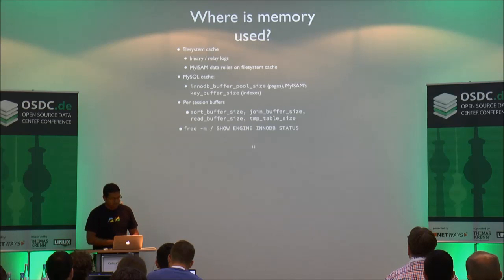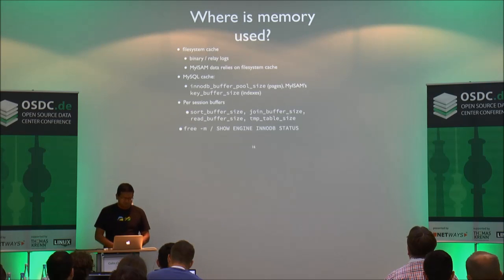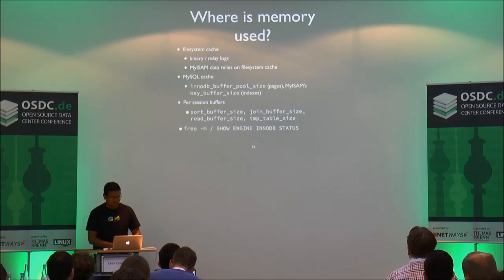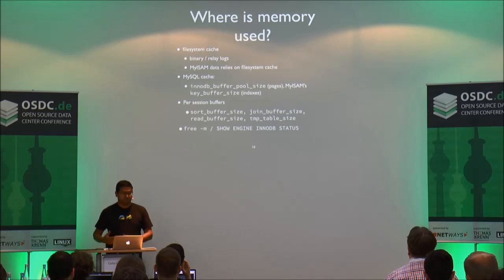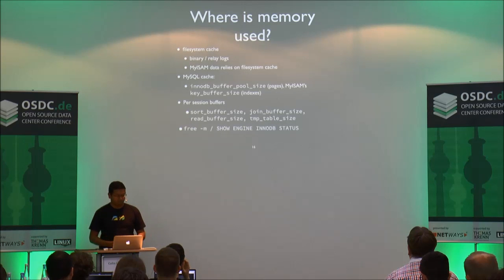Where else is memory used? With regards to MySQL, you have the binary and relay logs, so memory gets used there. MyISAM, if you are still using it for whatever reason, will completely rely on the file system cache, so it uses the OS cache as opposed to creating its own buffer pool.